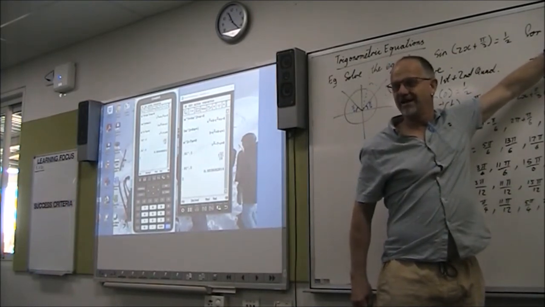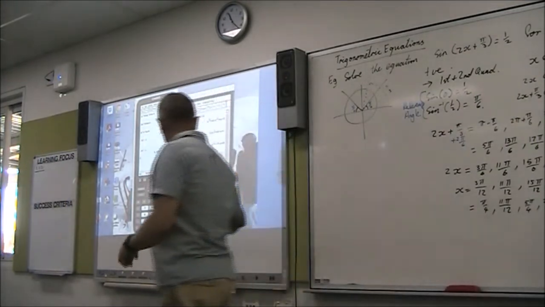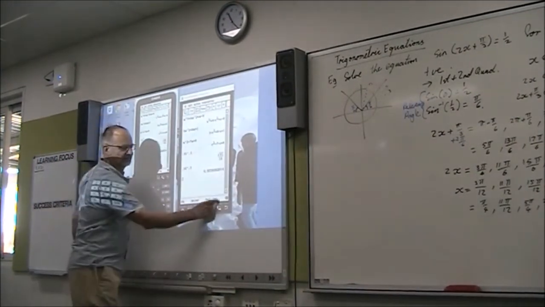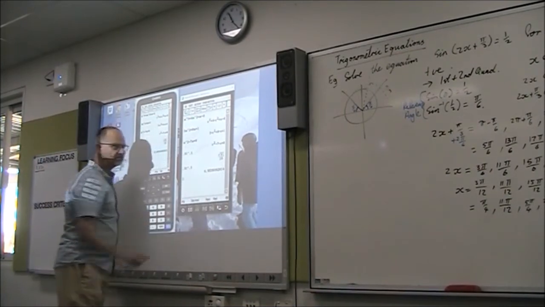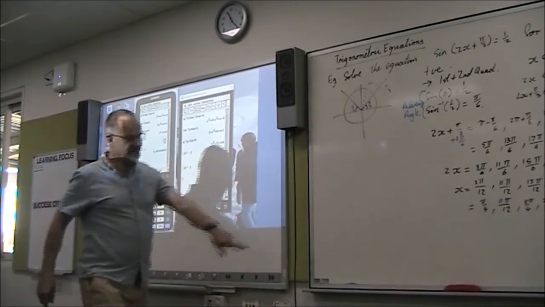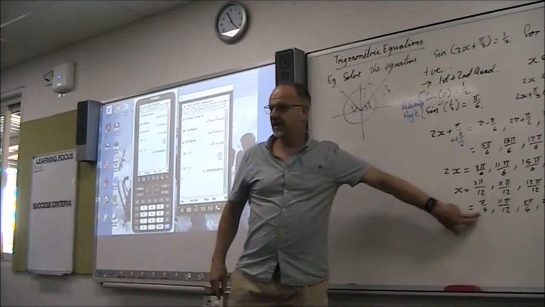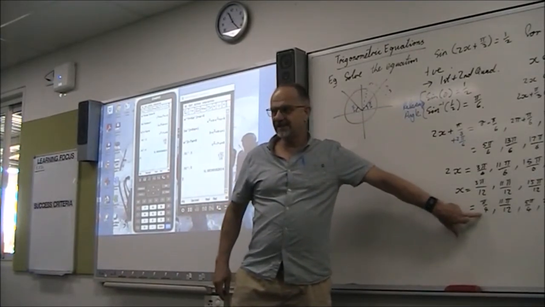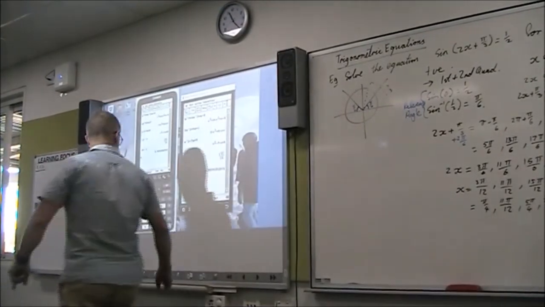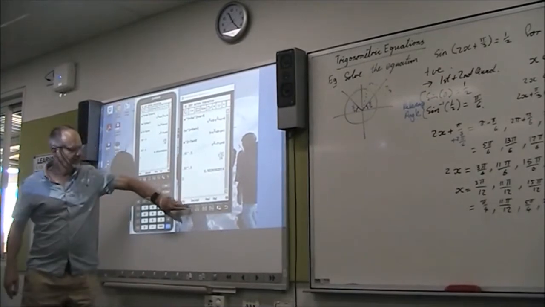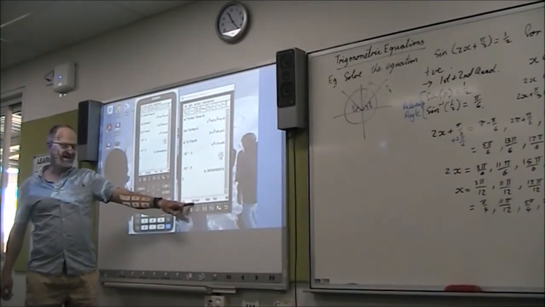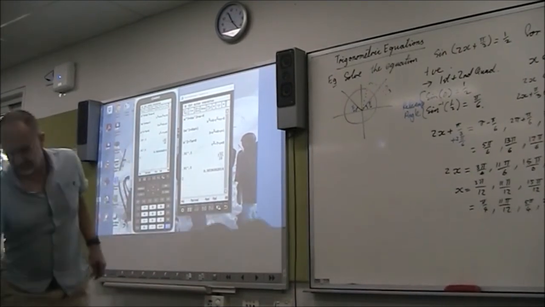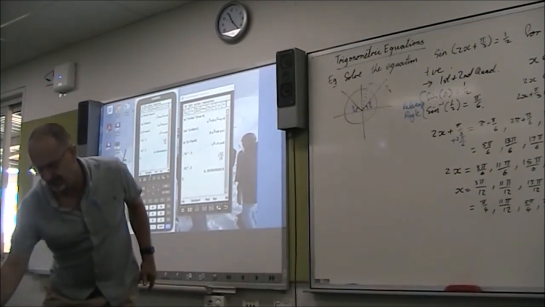Radians. So make sure you've got rad here. The other thing is, these are exact answers, so you need to make sure that you have this not as decimal but as standard. So click on that, standard, there it is.